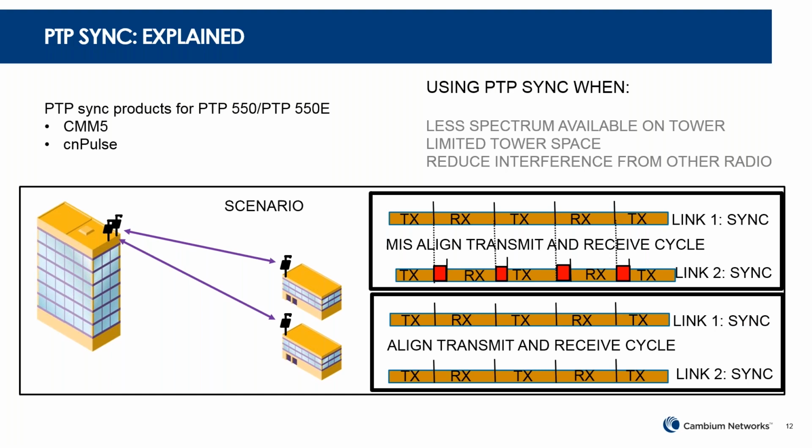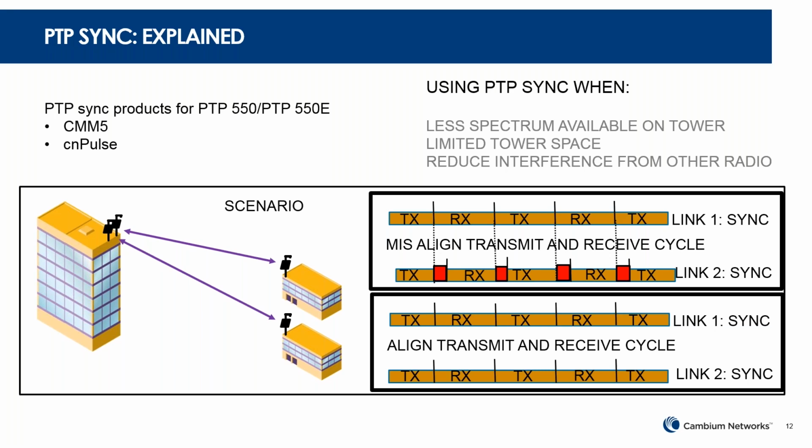The second radio cannot make sense of the signal because the first radio next to it is transmitting at very high dB power. To counteract this, we have PTP sync options, which ensure that the TX and RX cycles are aligned across the radios so that they don't interfere with each other.